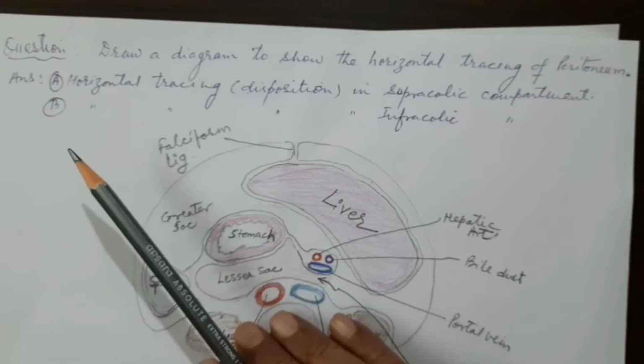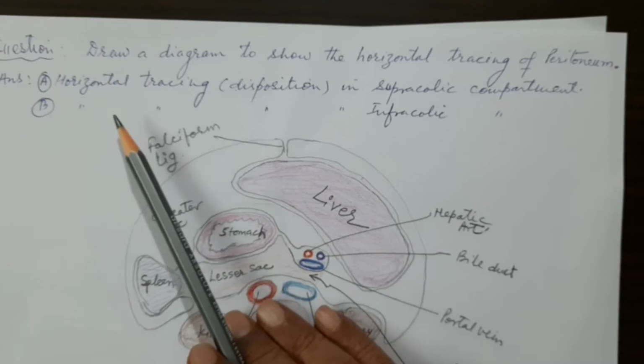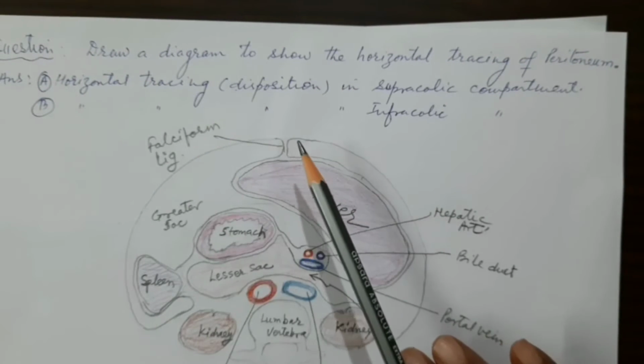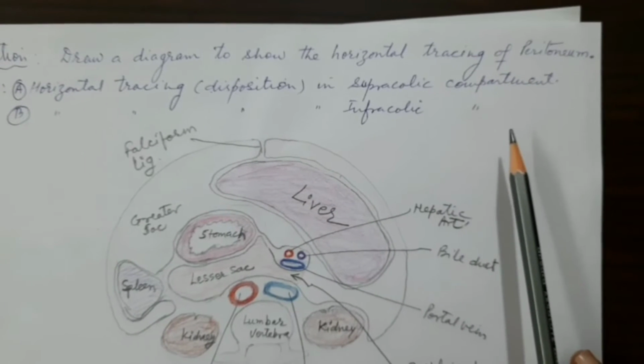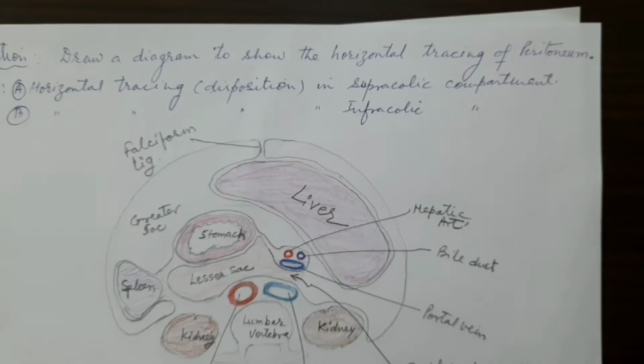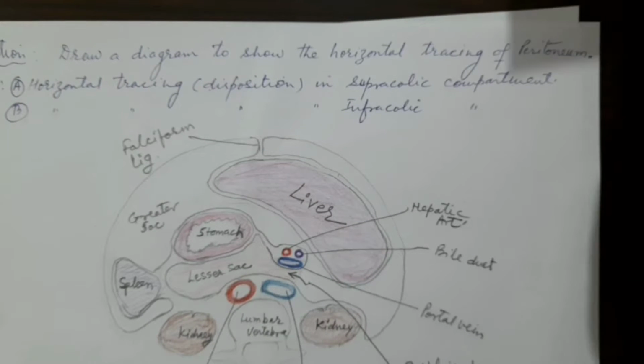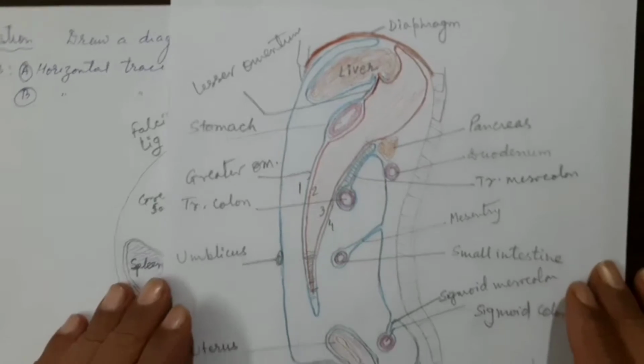And in the second diagram, I will trace the horizontal tracing of the peritoneum in the infracolic compartment. So there are two levels in which we will trace the horizontal tracing of this peritoneum.